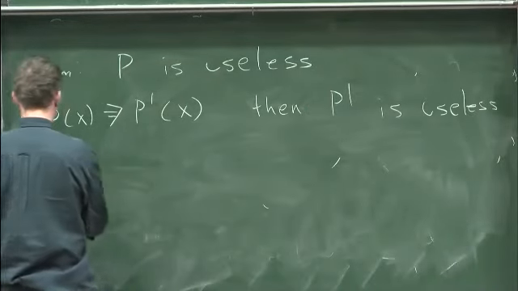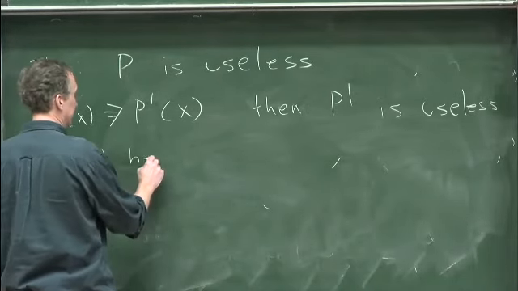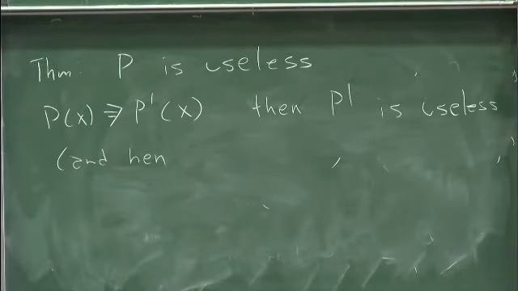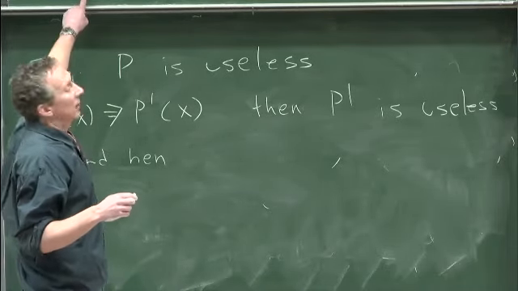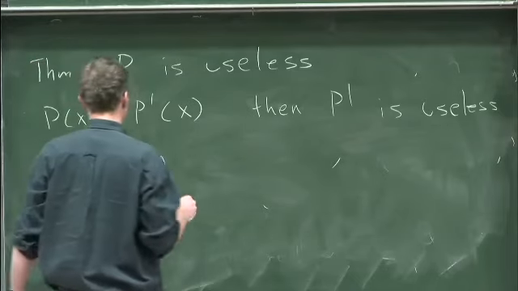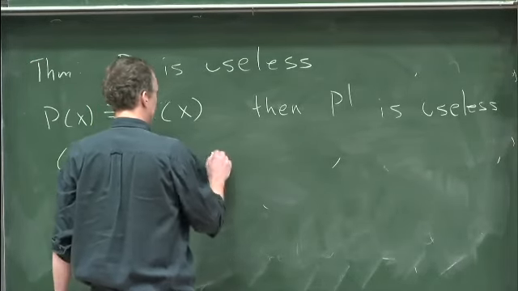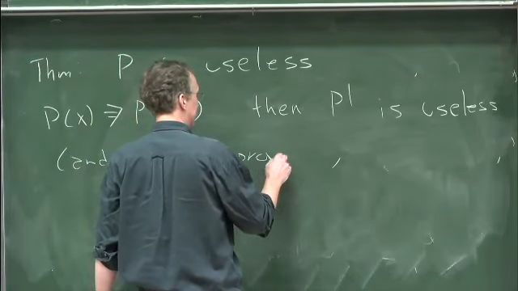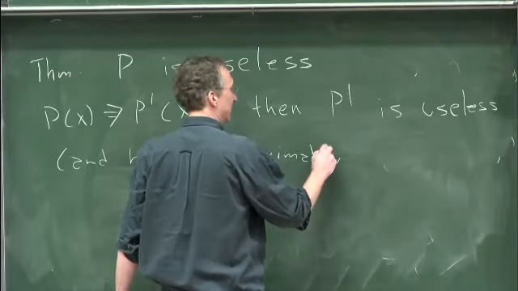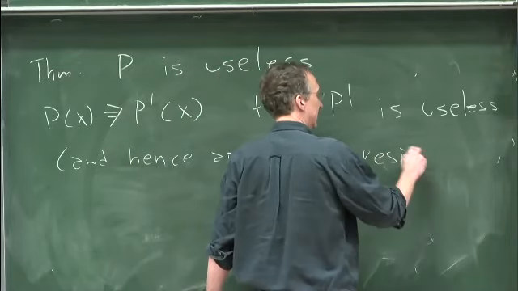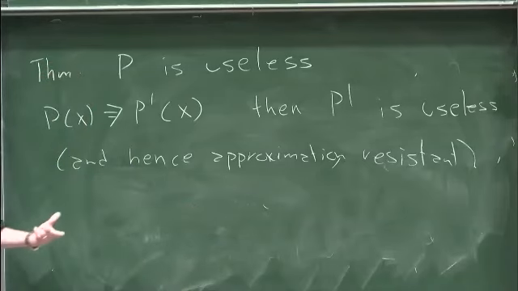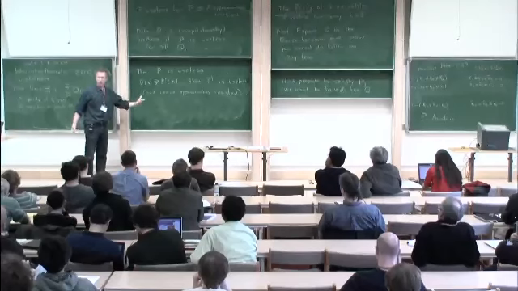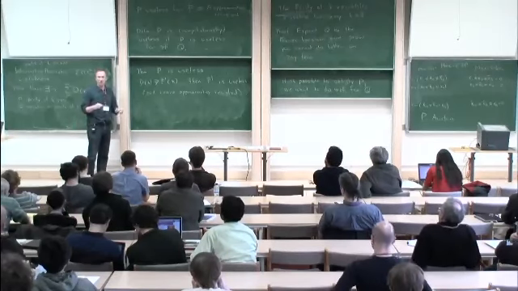Useless here is in the computational sense. Now we've left the information theoretic. Useless means useless for any Q. In particular, for parity, it implies that anything implied by parity is useless, and in particular approximation resistant, as we knew before.